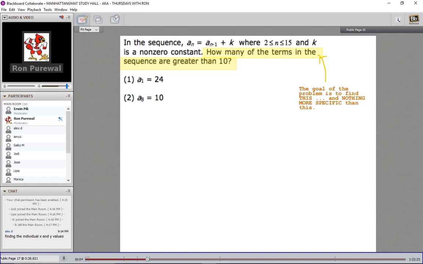What should you not try to find? That's a question. Let me know in the chat box. Like, what should you definitely not end up with in this problem?